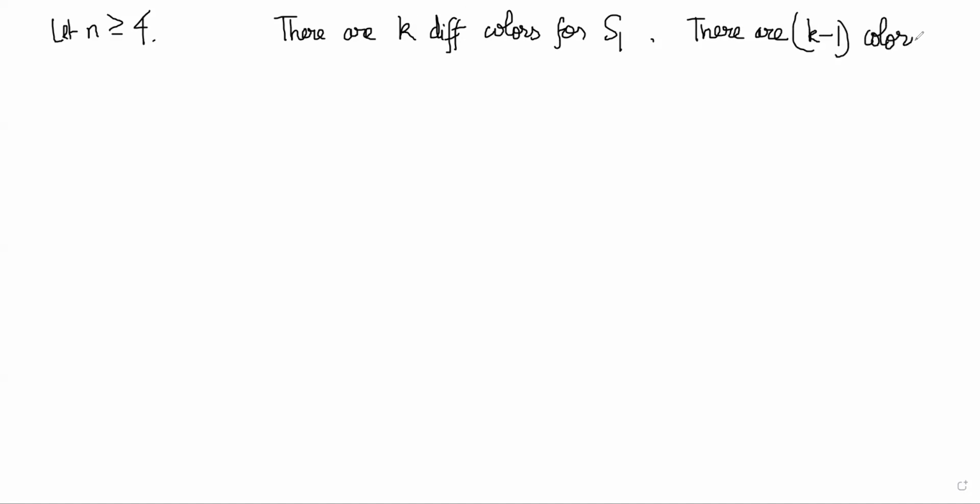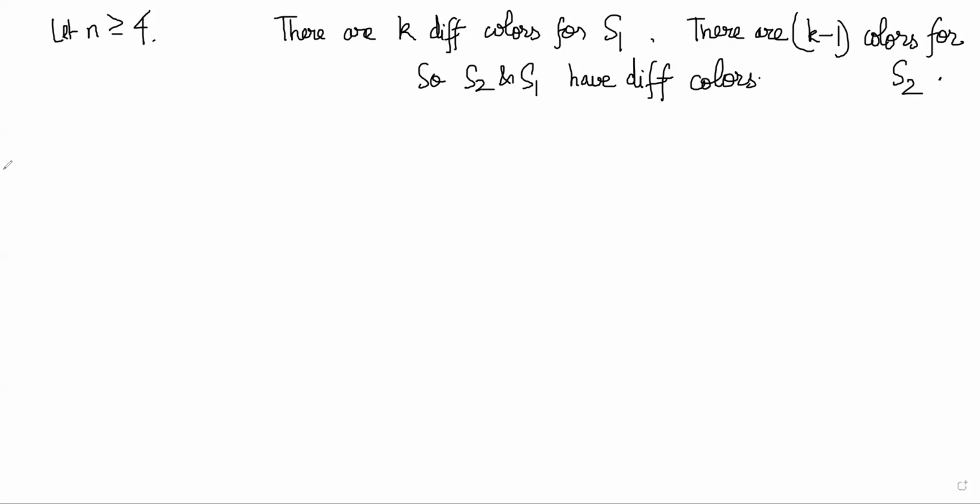What we will say here is there are k different colors for S1, and there are k minus 1 colors for S2. So here S2 and S1 have different colors, right?